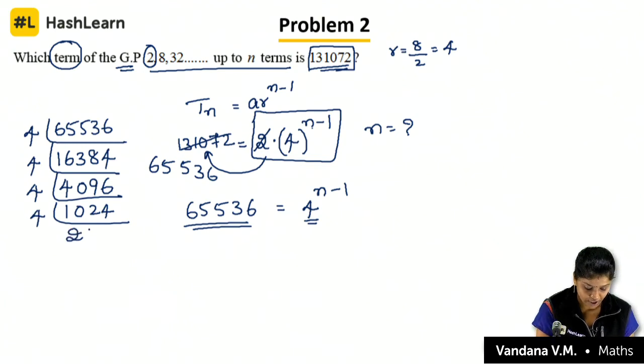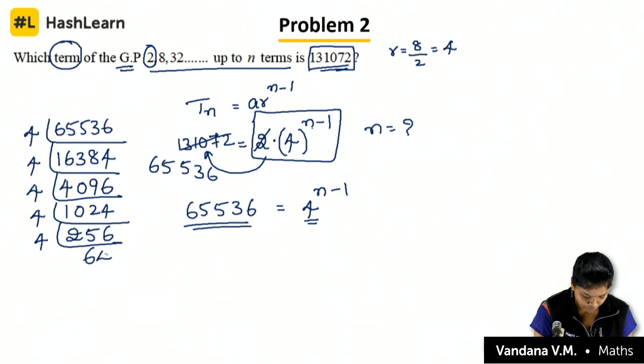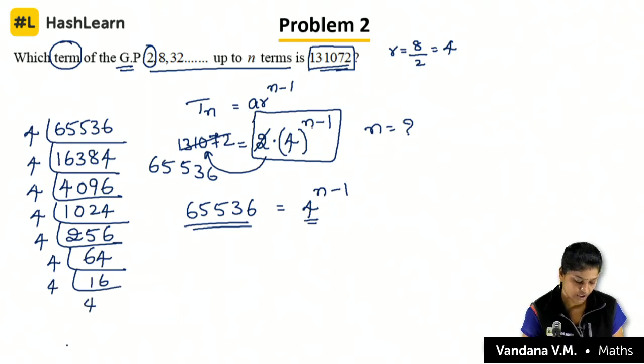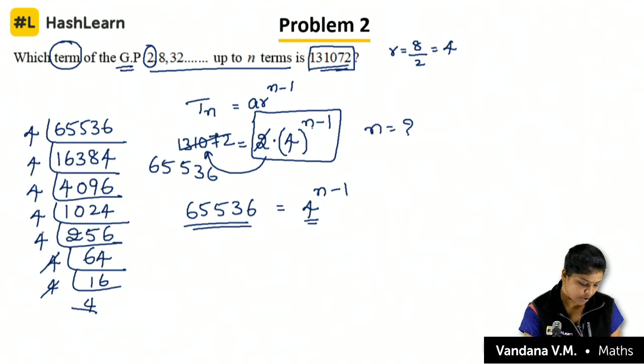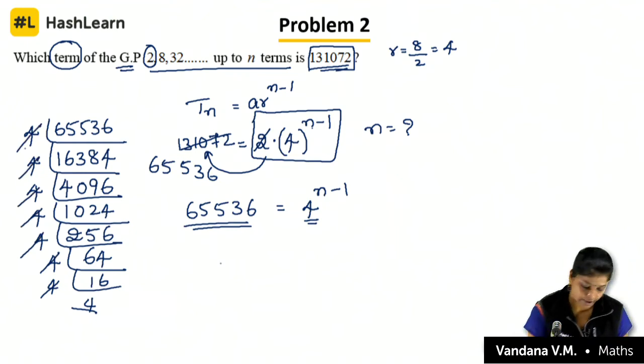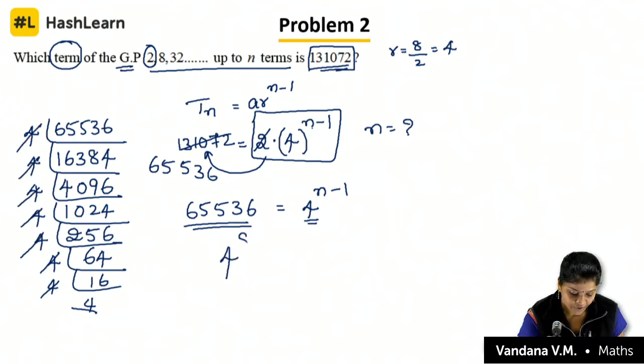Next, 4 4s are, 4 1s are, 4 6s are, and 4 4s are. Count. How to write? 1, 2, 3, 4, 5, 6, 7, 8. So this can be written as 4 power 8 is equal to 4 power n minus 1.